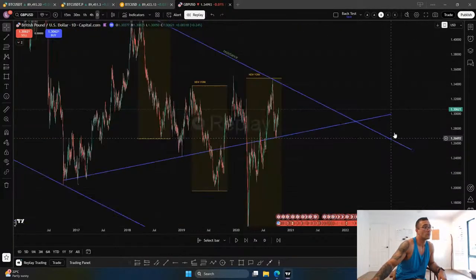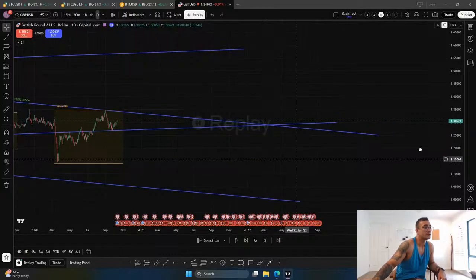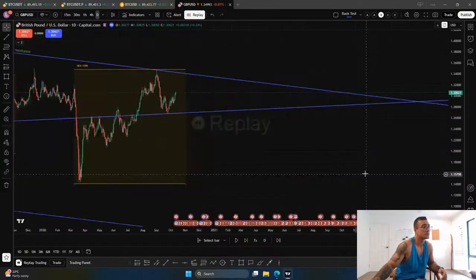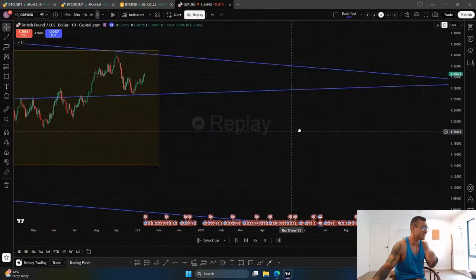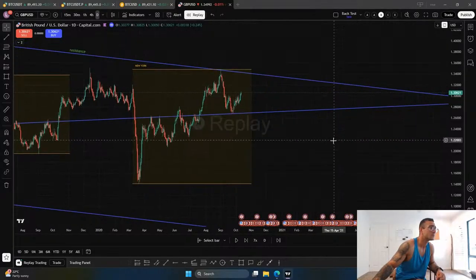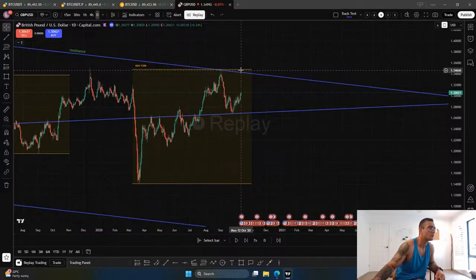So what I'm going to do then is see if I can zoom in and just see if we're noticing anything at this point in time. Why does this whole thing say New York session? That means from March 20th all the way to November 20th, it was New York session.